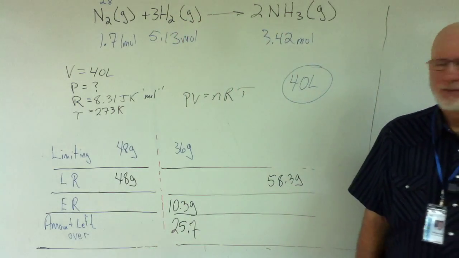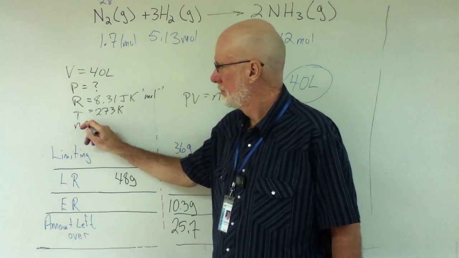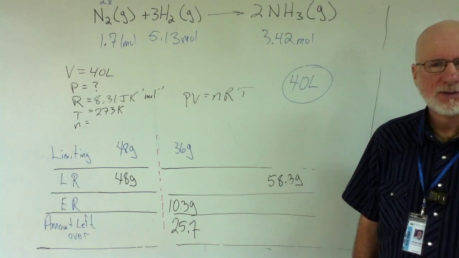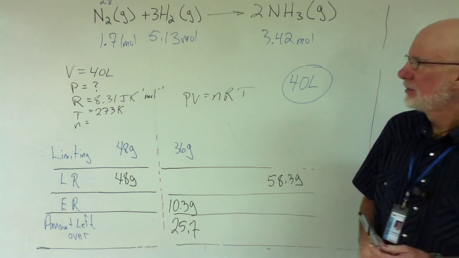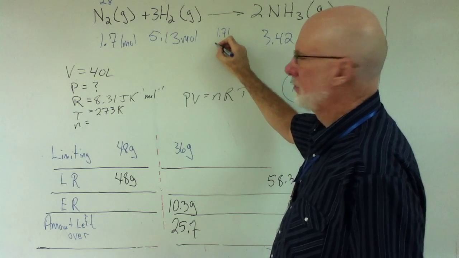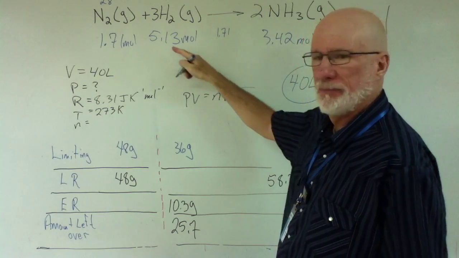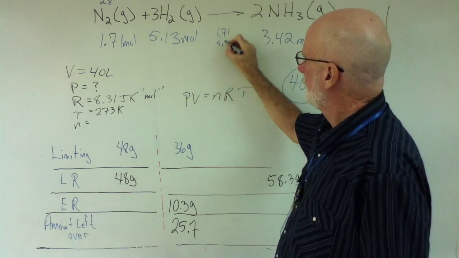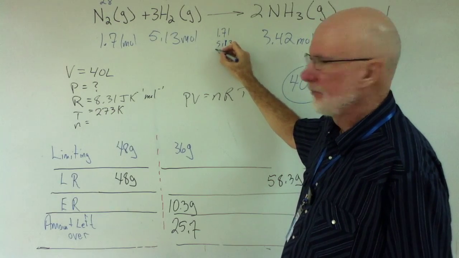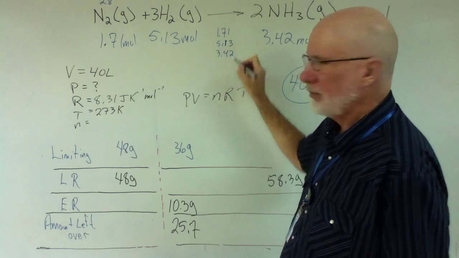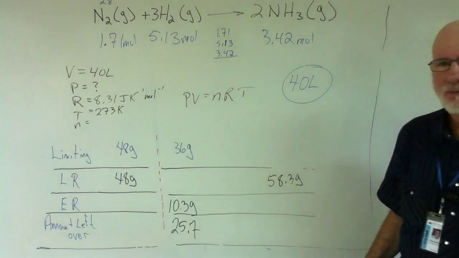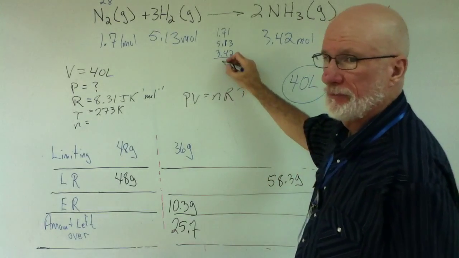What's the number of moles? 1.71 plus 5.13 plus 3.42, right? What's that equal? 10.26.